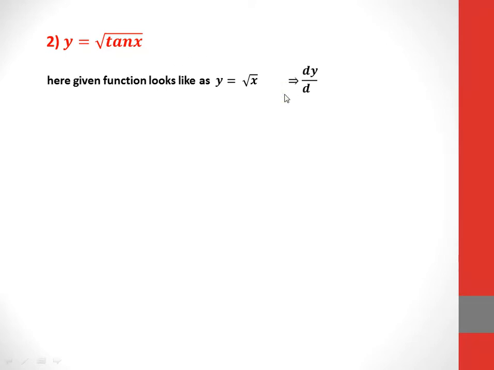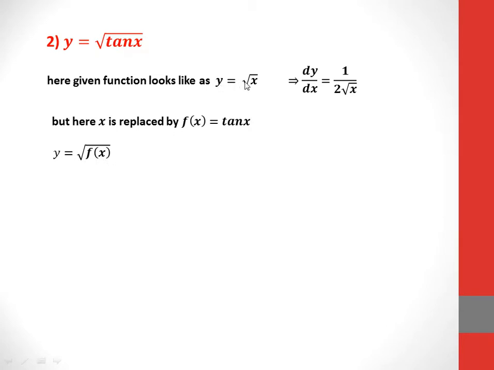All of you know that dy by dx is equal to 1 upon 2 root x. So here x is replaced by f of x, that is tan x. Compare this: f of x is tan x, the original function is root x, so that is y is equal to root of f of x.